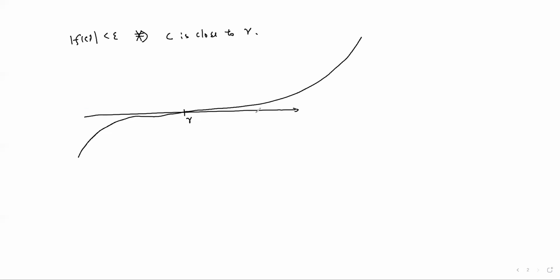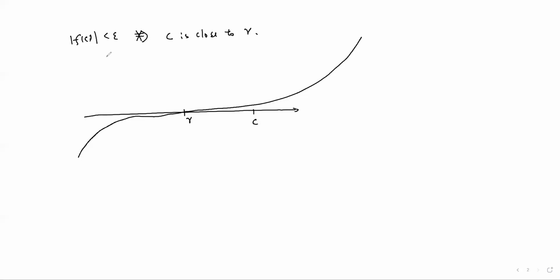The midpoint, say the midpoint is here, C. In this case, the function value at C is small, but C is still far from the root R. So this criterion is not perfect, it cannot handle all situations.